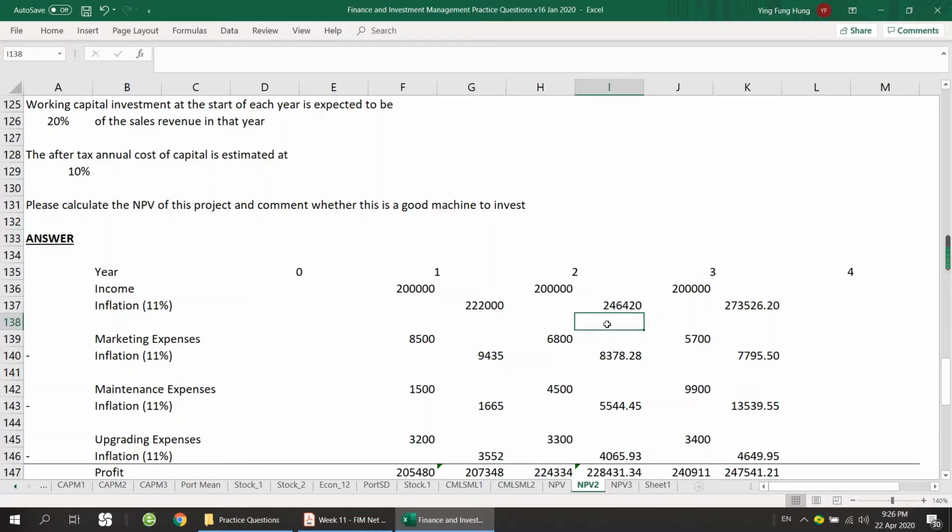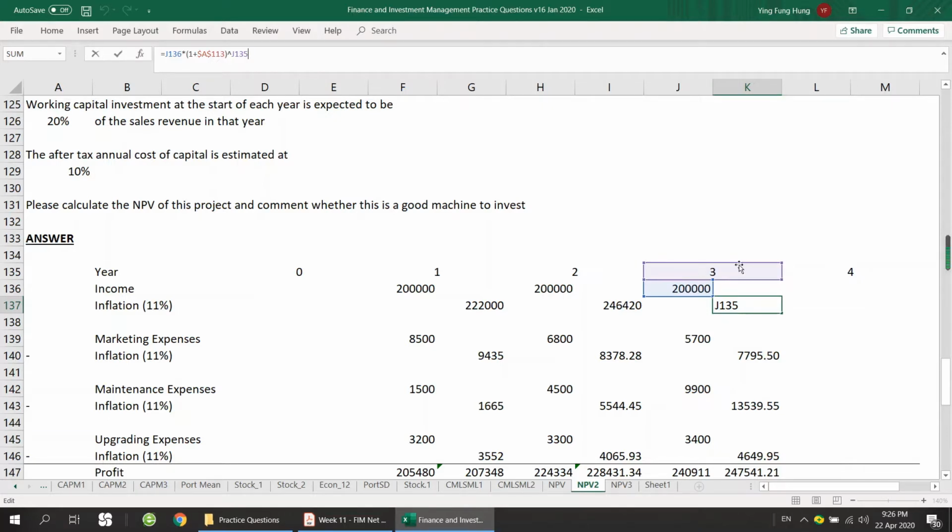For the third year, we are going to do a similar pattern, which is this 200,000. We are going to multiply this by 1 plus the 11% inflation rate from the cell A113, and we are going to raise this to the third power in the cell J135.